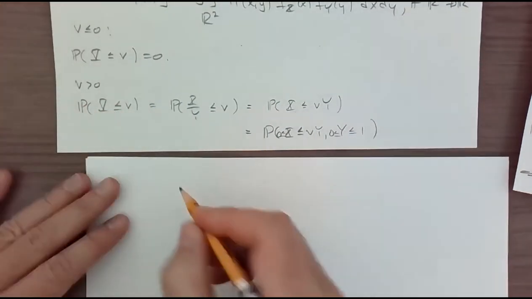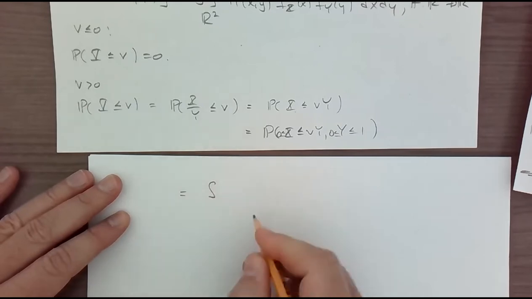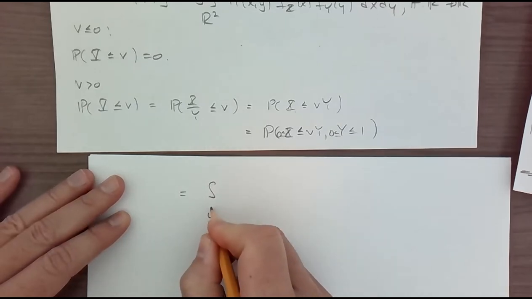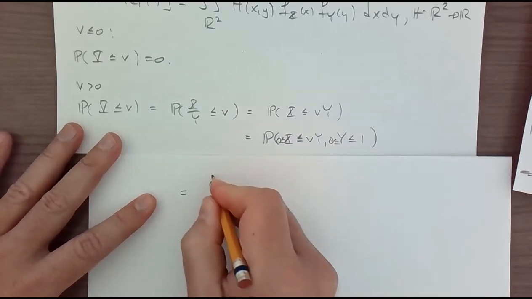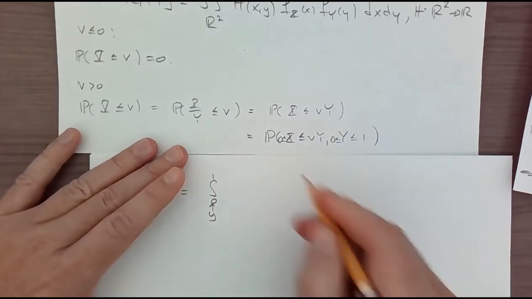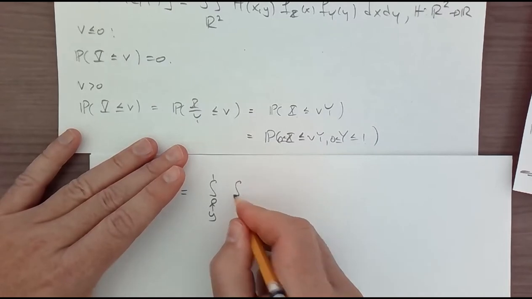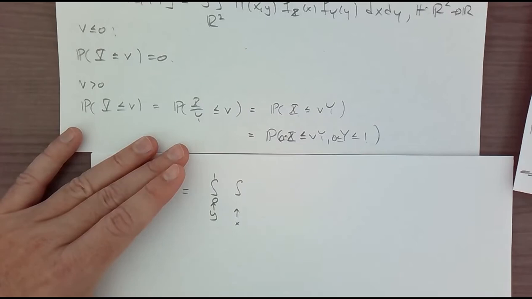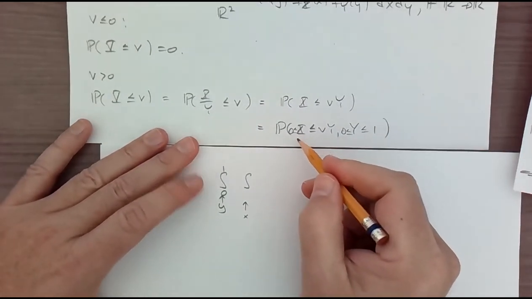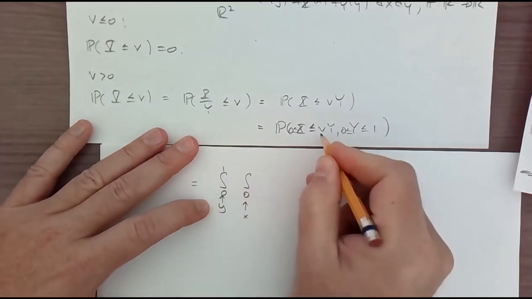So I want to have that one on the outer integral. This here is where I want to have my Y's, running from 0 to 1. And on the inner integral, I want to have X's, running from 0 to vY.